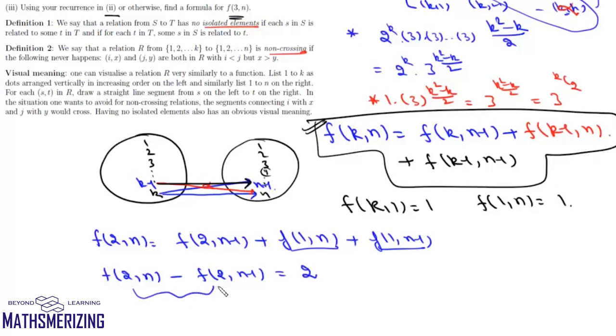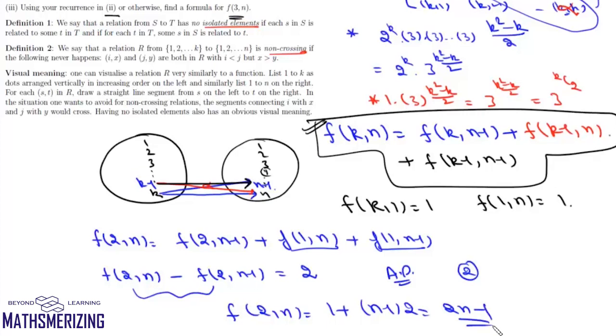So that means this sequence is nothing but an arithmetic progression with common difference 2. So this F2n will be simply a plus (n minus 1) into d, which is 2n minus 1. So F2n is 2n minus 1.